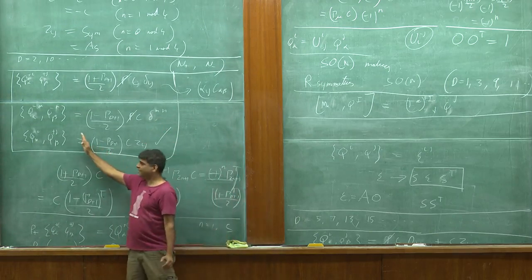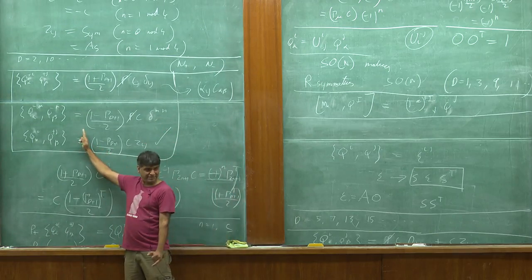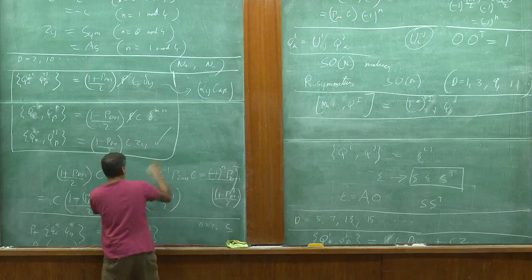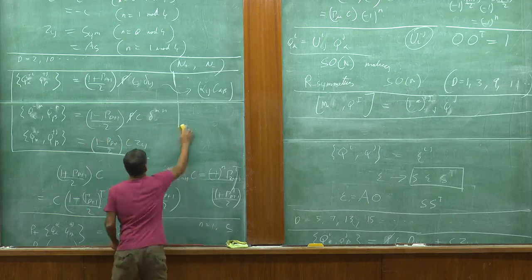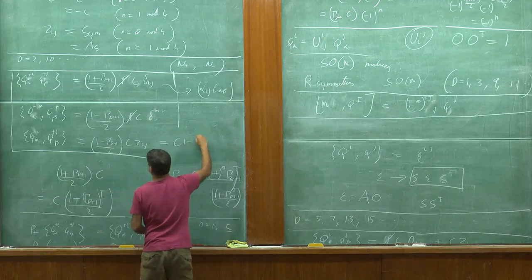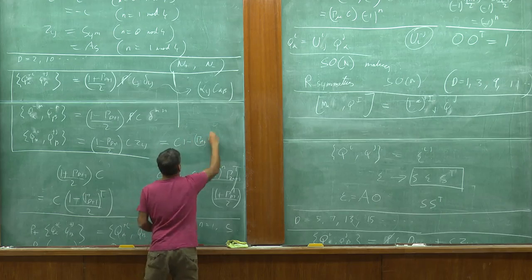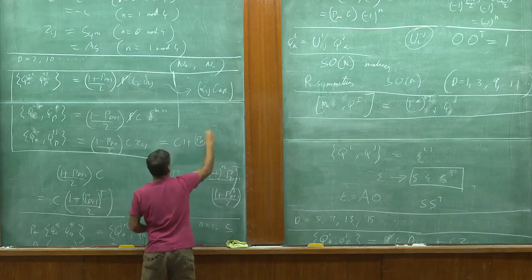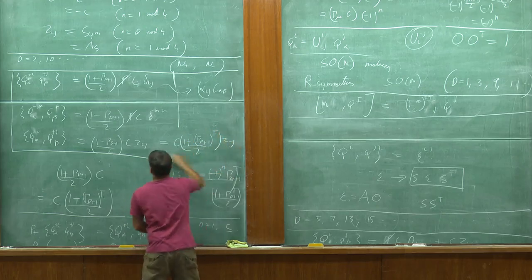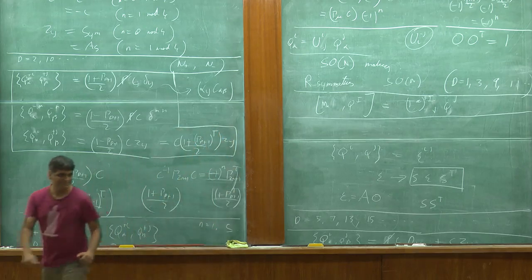Because we acted with the left projector on the left, and we took it through the C. So this could also be written as C times 1 minus gamma d plus 1, 1 plus transpose by 2 Zij. We just checked that.